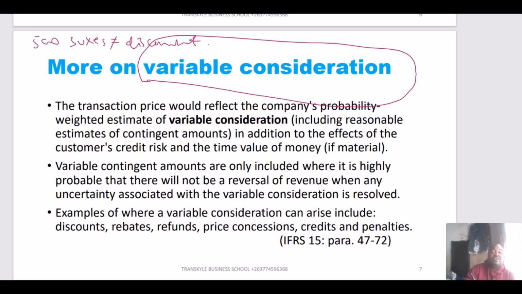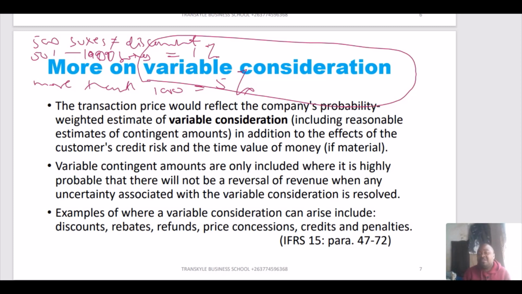Then if he buys 501 to 999 boxes, he's entitled to a 1% discount. Up to 1000, 501 up to 1000, he has the 1%. Then more than 1000, he's entitled to 5%. Then we can say the customer has many options to offer us variable consideration.